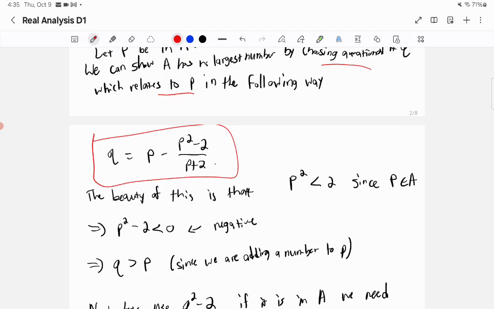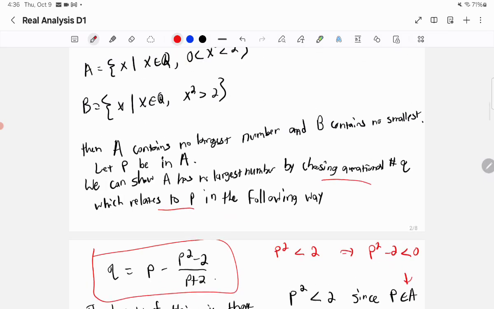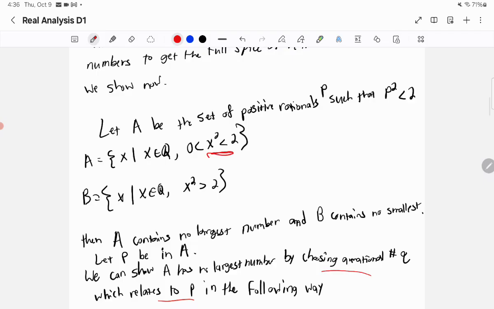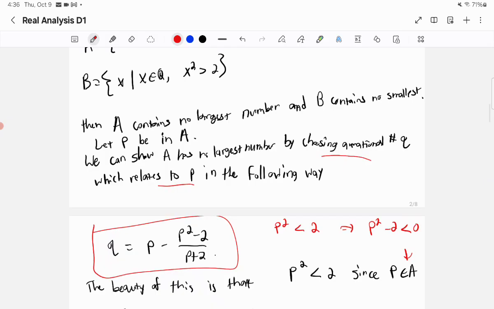Now the first part of this, the p squared minus 2, it's maybe clear why it was chosen. Remember that p squared being less than 2 relates nicely to the square root of 2, right? So if I take p squared minus 2, that means it's going to be negative if we're dealing in the set A. It'll be equivalent for B, except that p squared minus 2, if p is in the set B, will be positive.